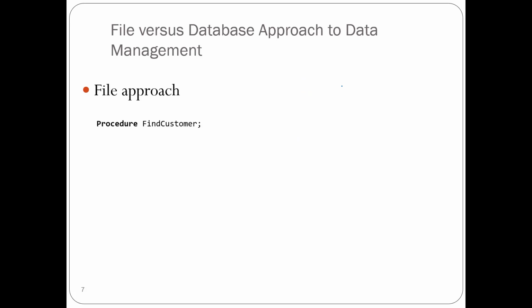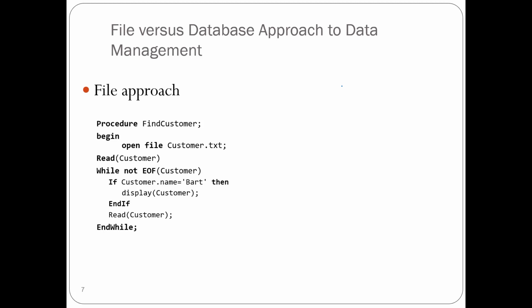Now, I'll show you an example. For the file-based approach, you will look at the pseudocode of an application where the application takes the responsibility of reading the data from the file. Let's say it has been defined as a procedure, find customer. Let me put everything here so that you can have a look at the whole pseudocode.